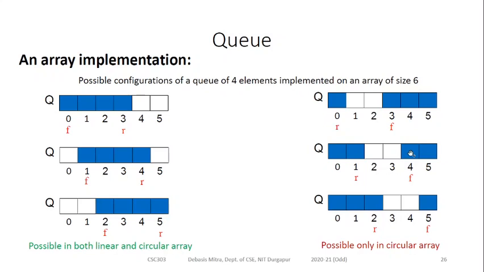The first or front element is at index 4, then the second element is at index 5, the third element is at index 0, and the fourth element or rear element is at index 1. So these configurations are only possible if we implement wrapped around configurations. So we'll always prefer this, because that is going to give us the best utilization of memory.